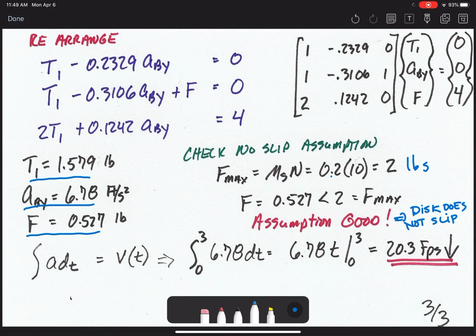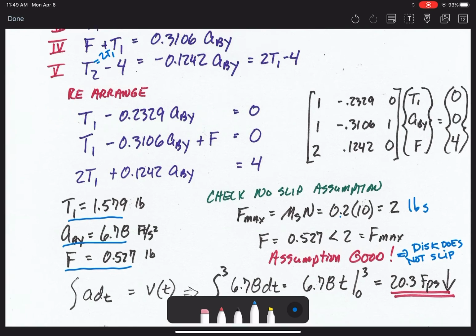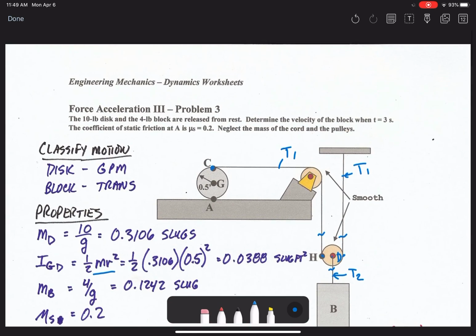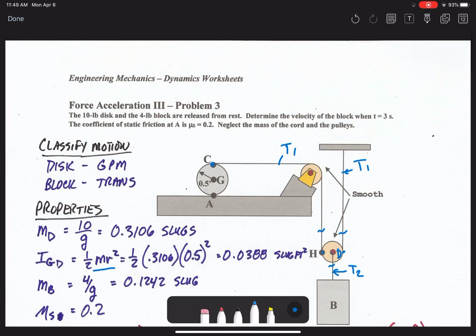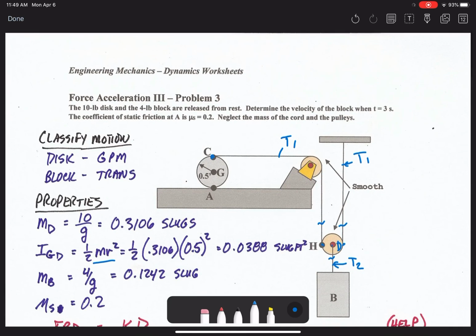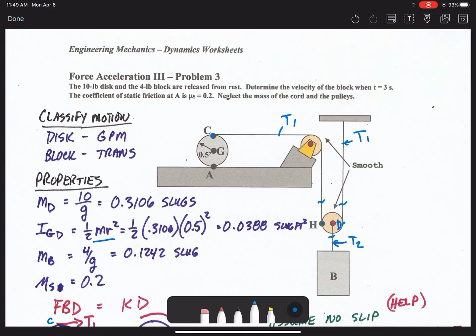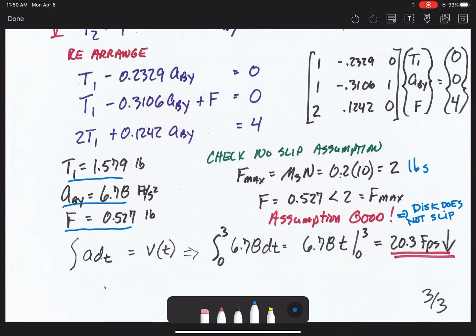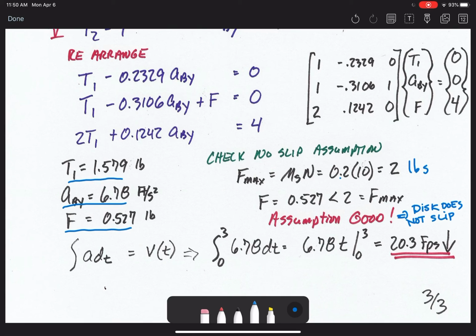And the question asks, determine the velocity of the block when t equals 2 seconds. So we have acceleration ABY, right? To find velocity, we take the integral with regard to time.